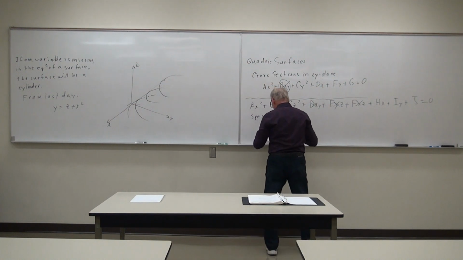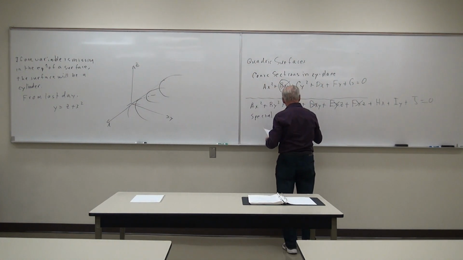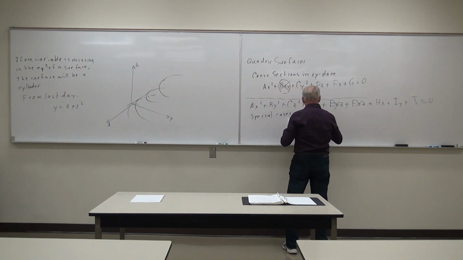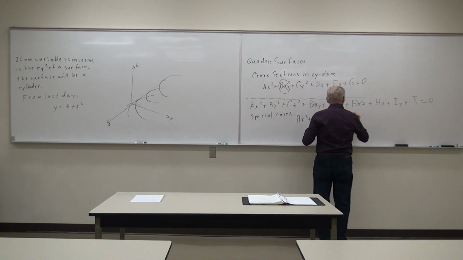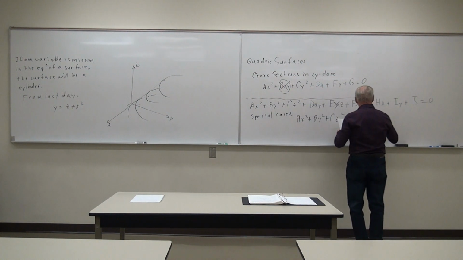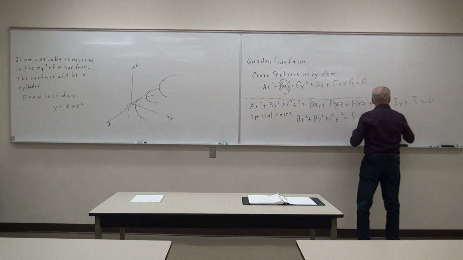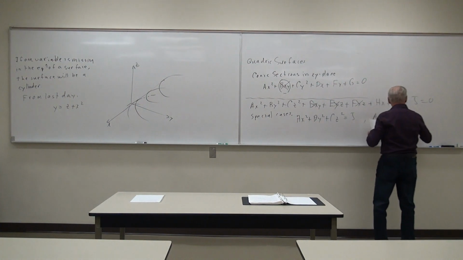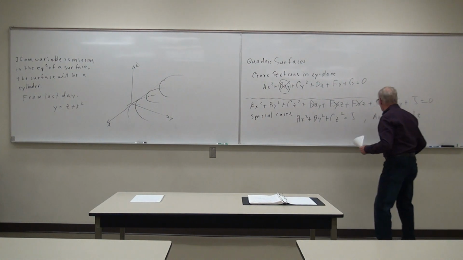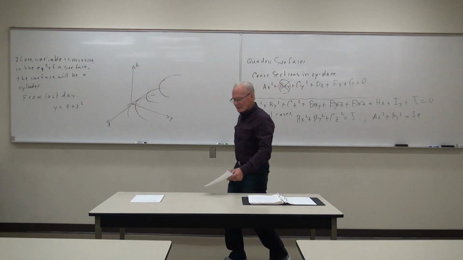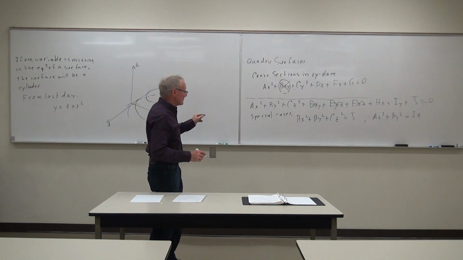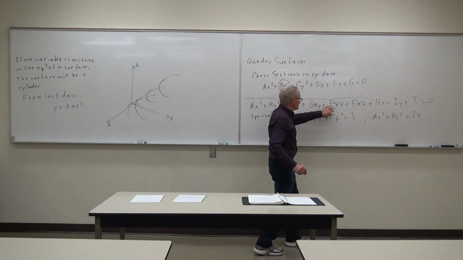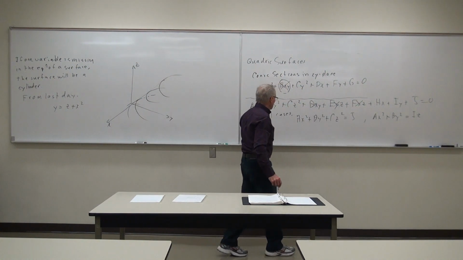But we're going to look at the special cases of ax squared plus by squared plus cz squared equal to j, and ax squared plus by squared equal to iz. We'll only look at surfaces that look like this, primarily, not exclusively. So we've left out all these cross terms.